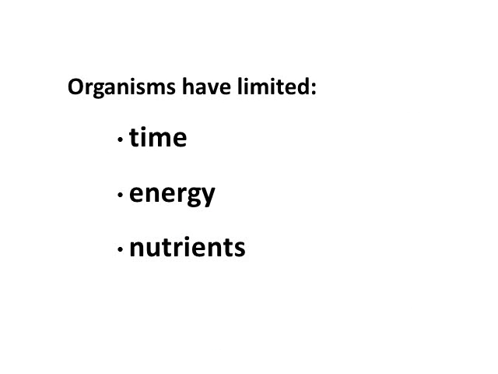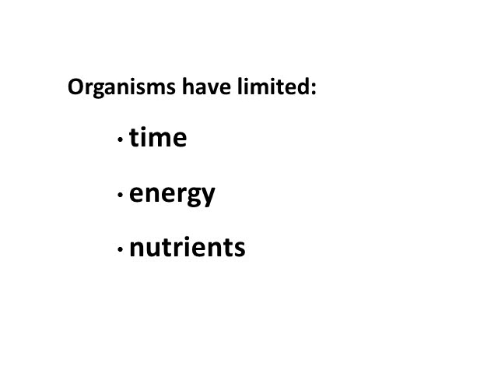So again, organisms are limited. They have limited time, limited energy, and limited nutrients. There's a difference between energy and nutrients. When I talk about nutrients, I'm talking about those atoms like nitrogen and phosphorus, which we don't need in a tremendously large amount, but they're absolutely necessary for life.